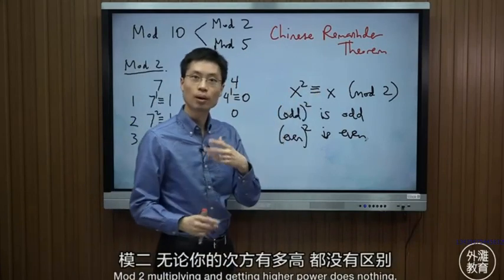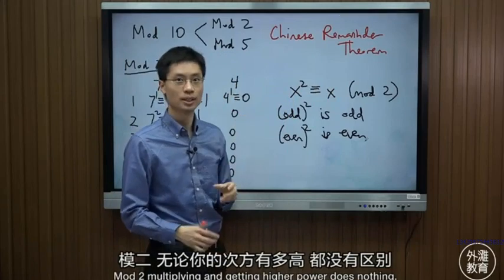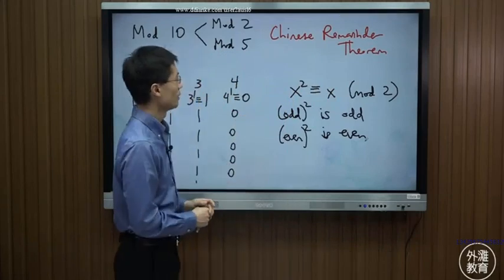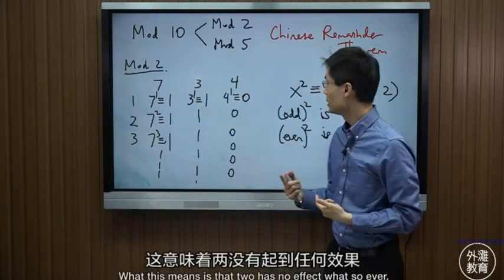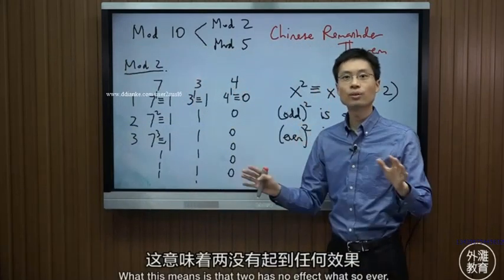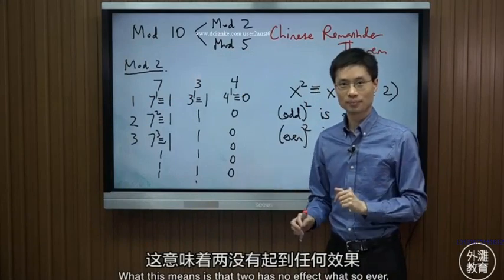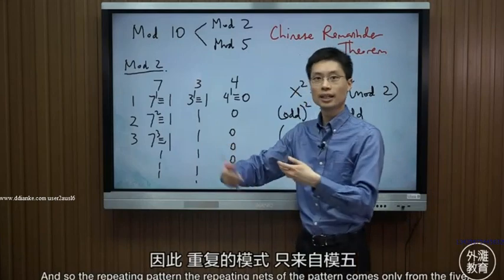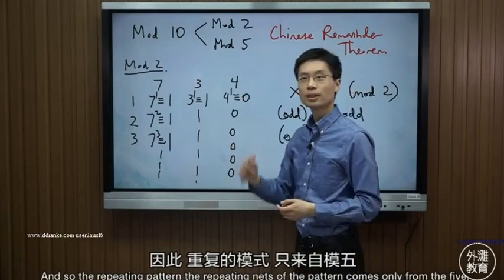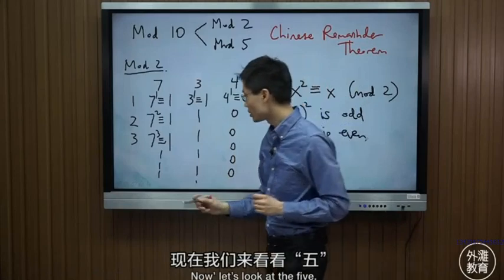Mod 2, multiplying and getting higher powers, does nothing. So if I'm wondering about my repeating patterns, what this means is that 2 has no effect whatsoever. And so the repeating pattern, the repeatingness of the pattern, comes only from the 5. Now let's look at the 5.